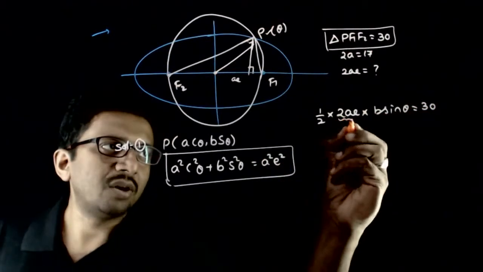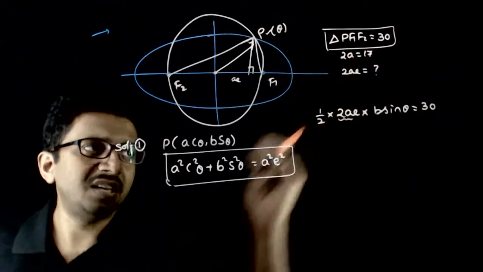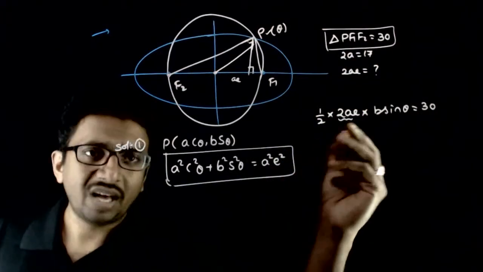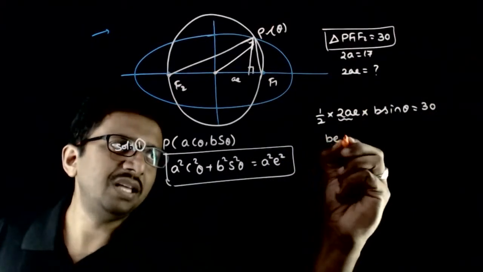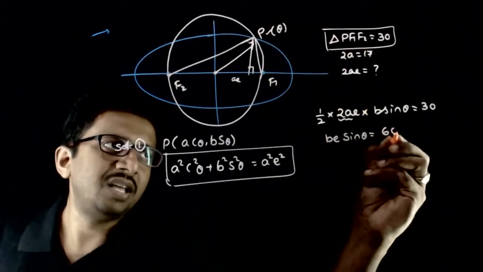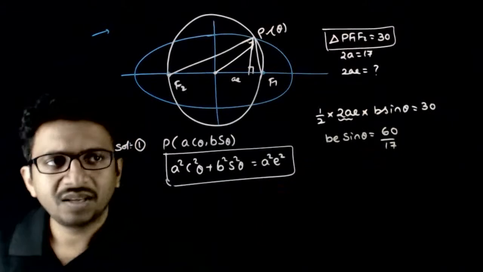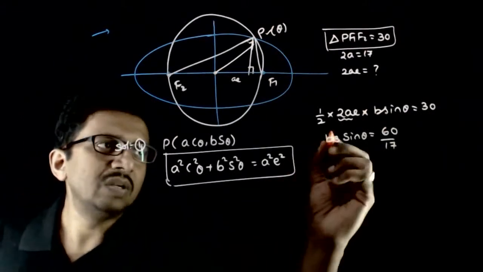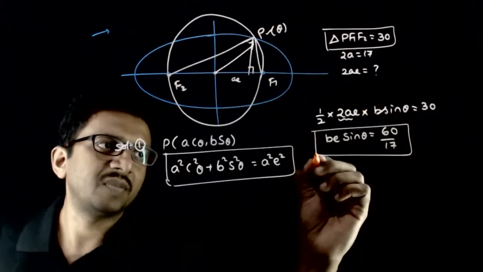So 2A is already given as 17. So our equation becomes BE sin theta is equal to 60 by 17.